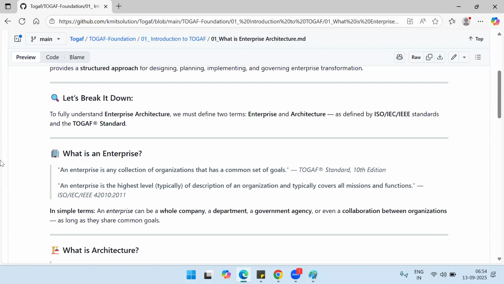Now, how many of you know who is a Scrum Master? Yep, it's one of the project management roles. Scrum Master means the one who is managing, or the leader of, the entire agile project management space, right?